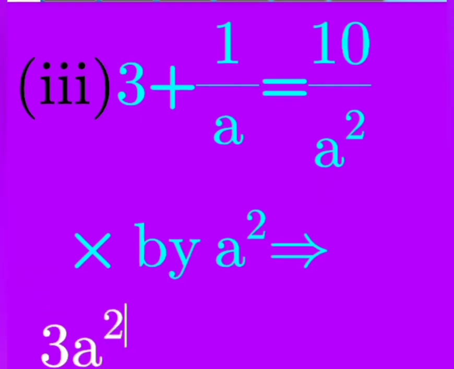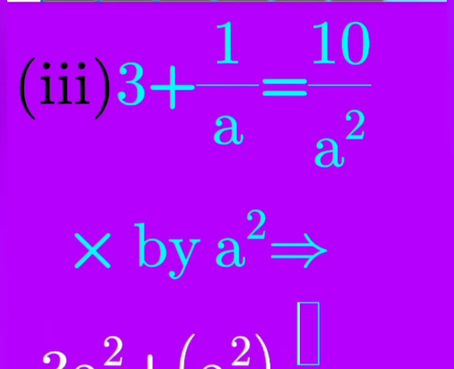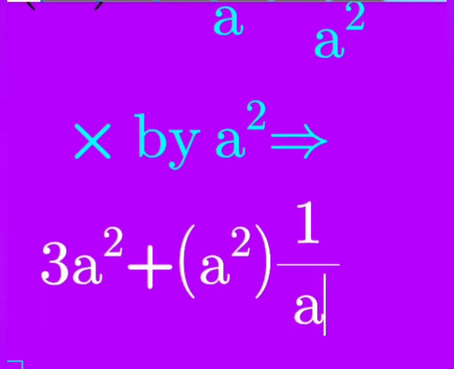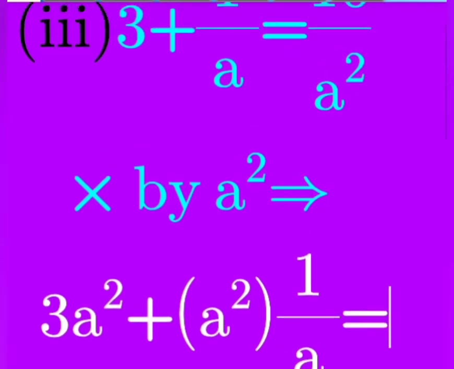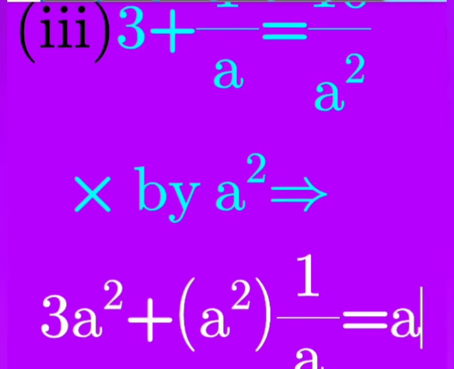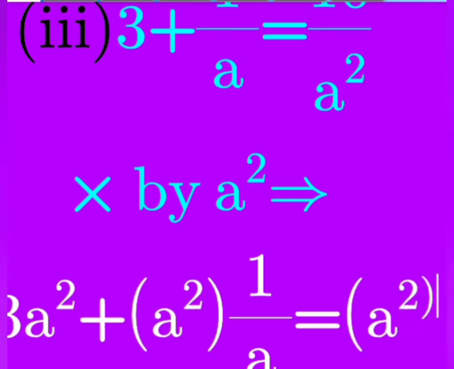We get 3 into a squared plus a squared into 1 by a is equal to a squared into 10 by a squared.